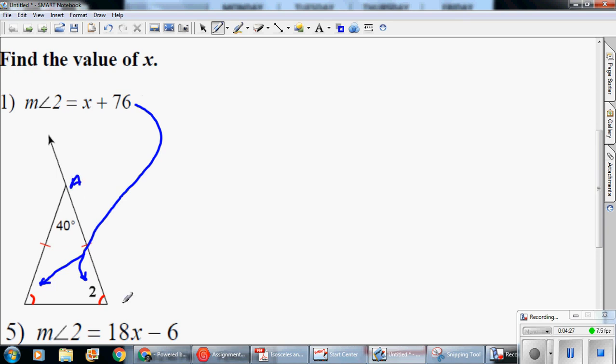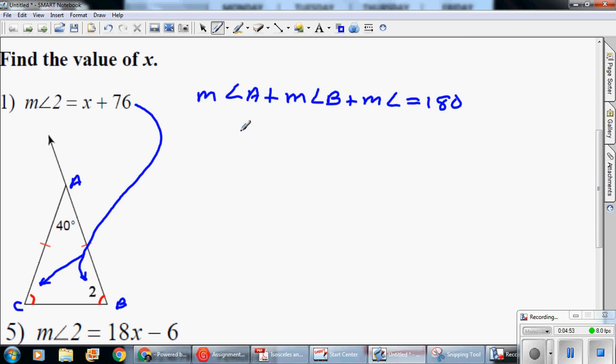If I call this angle A, angle B, and angle C, I know that the measurement of angle A plus the measurement of angle B plus the measurement of angle C will be equal to 180.